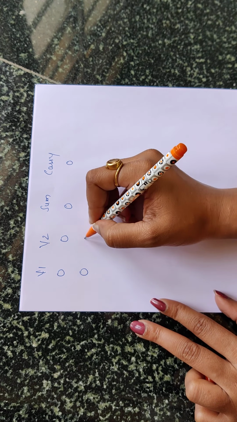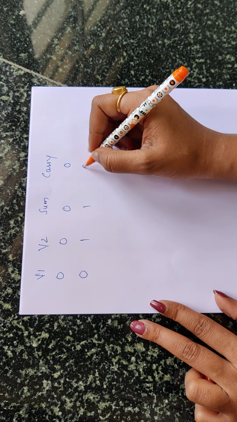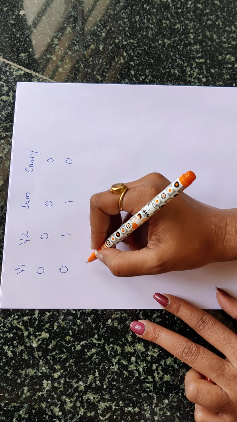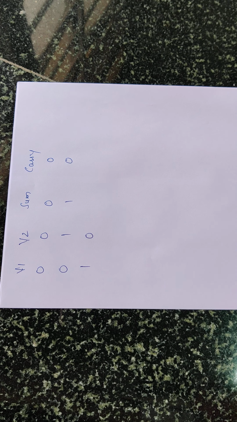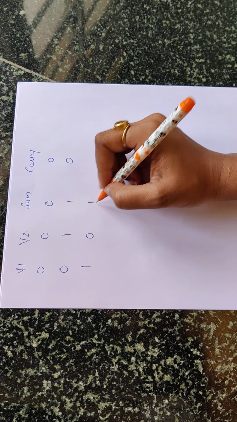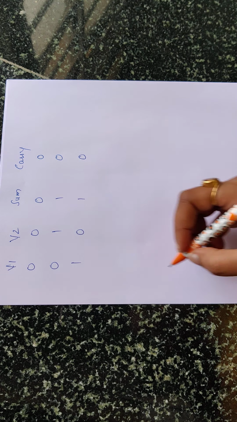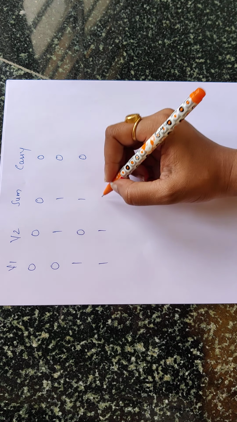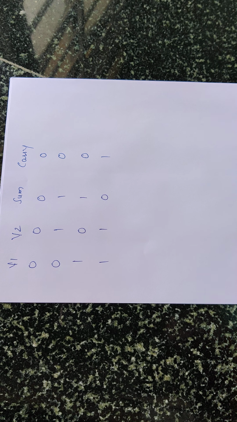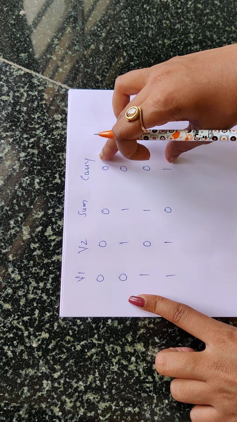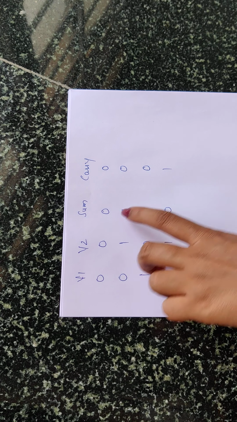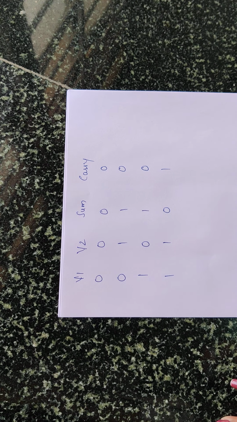If the values are 0 and 1, the sum is 1 and the carry is 0. If the values are 1 and 0, the sum is 1 and the carry is 0. When both values are 1, the sum is 0 and the carry is 1. You have to remember these combinations of inputs and what you get after the addition, the sum and the carry. If you remember these points, it is easy to do binary addition.